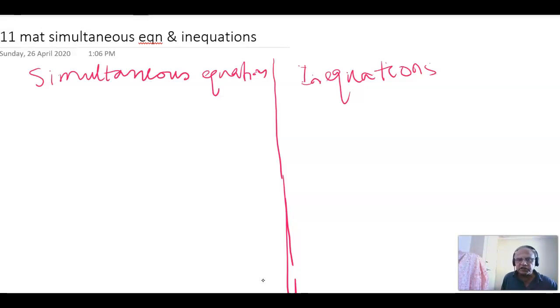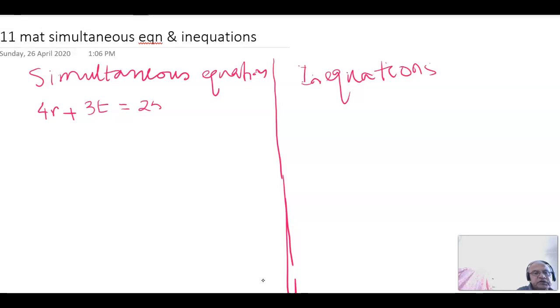class with the simultaneous equations, and I could see the students were struggling with it. So this is the problem. 4r plus 3t equals 25, and the other one is r equals t plus 1.